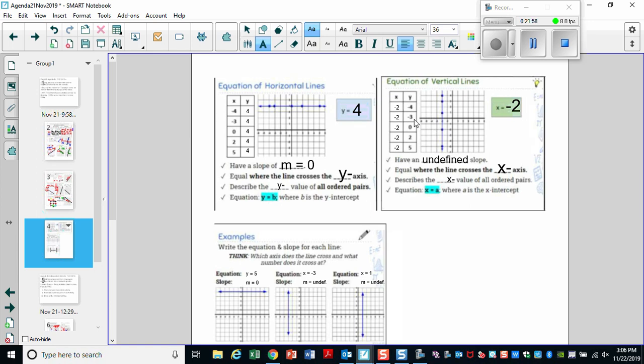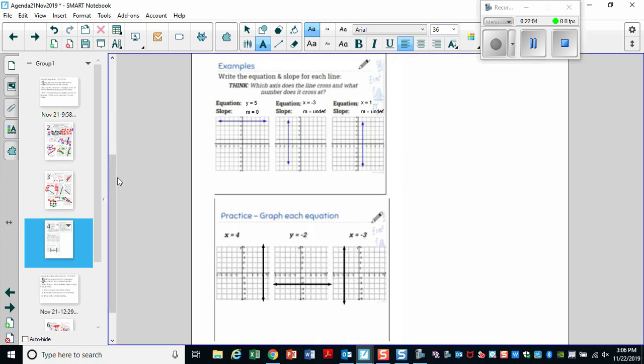Again, x values are the same for a vertical line, undefined slope. So examples, again, horizontal line, y equals something, 0 slope. Vertical line, x equals something, undefined slope. And anytime you're given an equation, look for it on your axis.